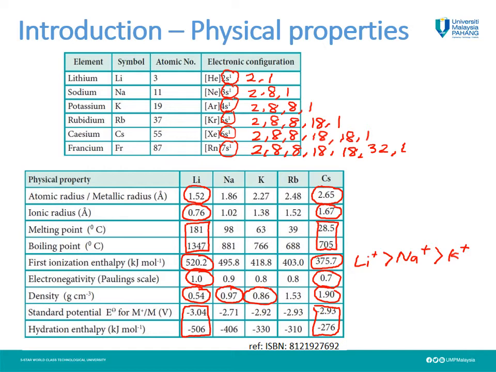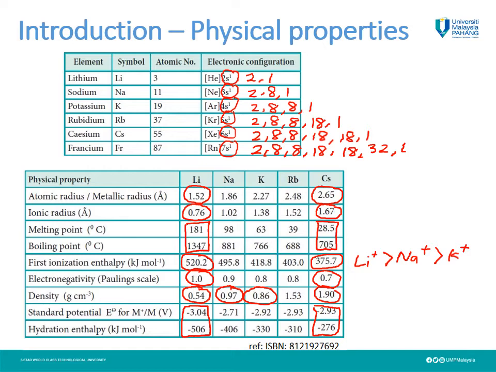This can also be explained as the attraction of the nucleus to the electron in lithium is higher compared to cesium, so the energy required to form Li+ is greater than for Na+ and K+.